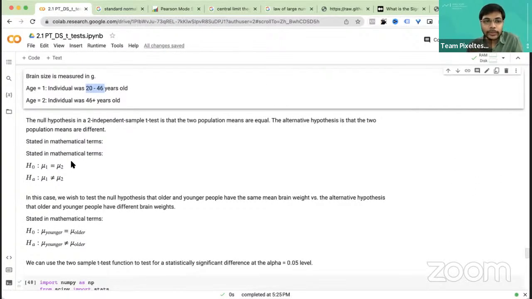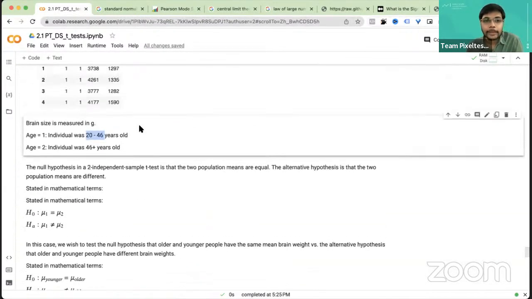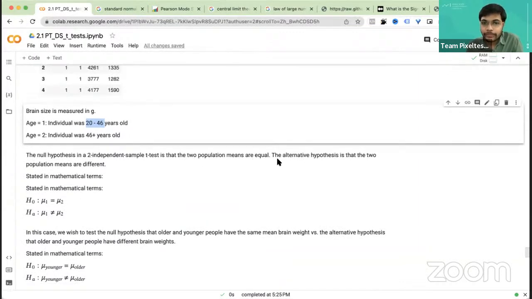So now what is the hypothesis? Null hypothesis in a two independent sample t-test, right? So we are going to do the two-sample t-test. The alternative hypothesis is that the two population means are different, right? The two population means being equal is the null hypothesis.